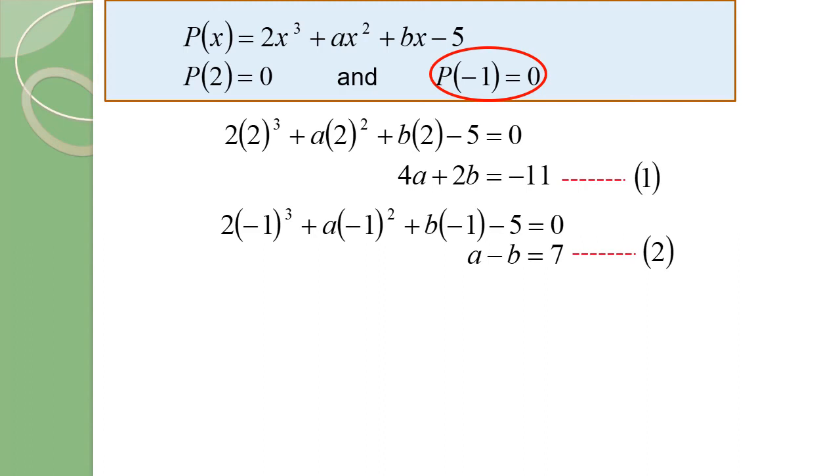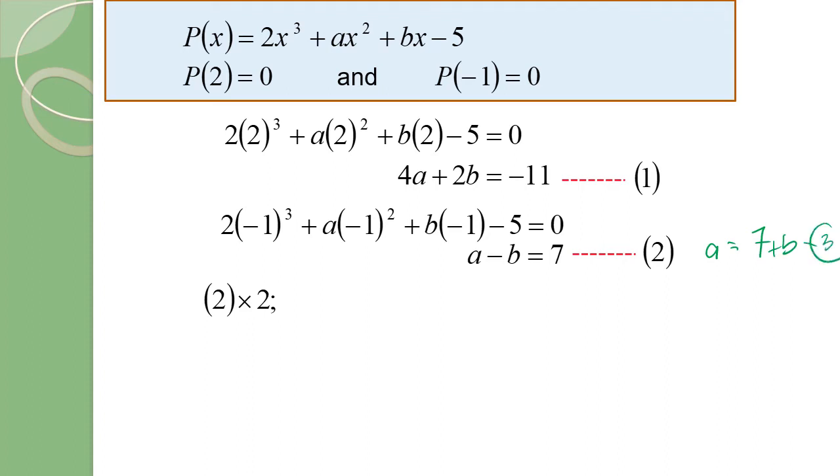Here it will be easier if we multiply the second equation by 2 to have 2b, or you can rearrange the a here to equal 7 plus b.